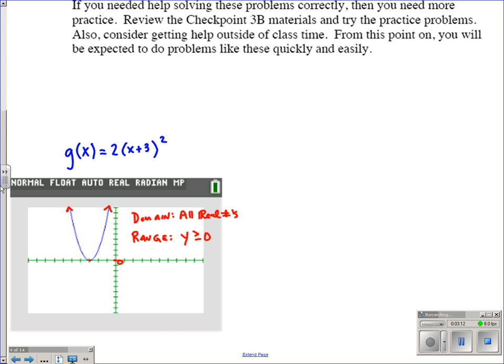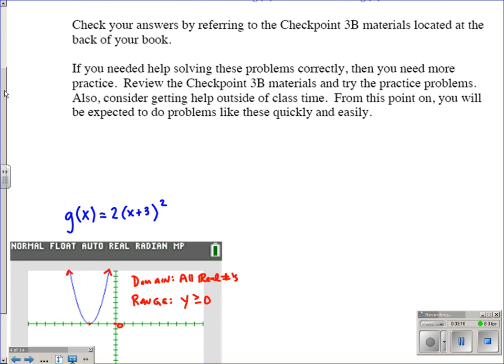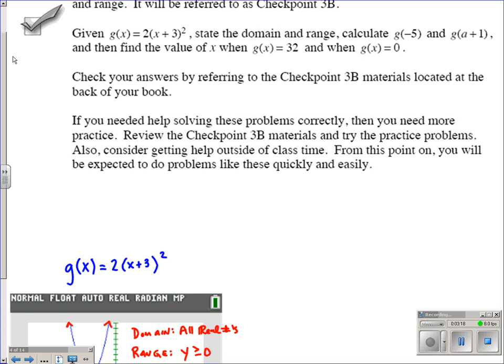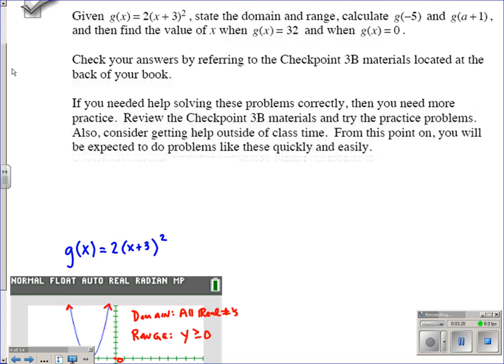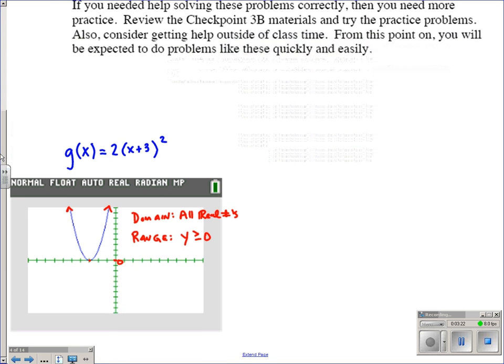All right, so the next part of it here, this problem is asking us to calculate g of negative 5 and g of a plus 1. Let's start out here with g of negative 5. Now if I look at my graph, I go back 1, 2, 3, 4, 5.